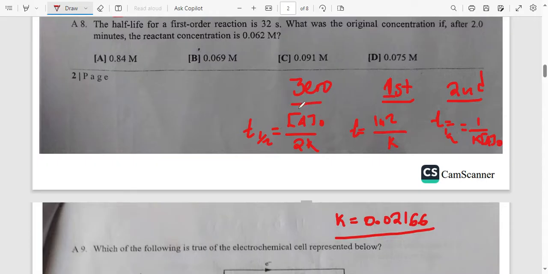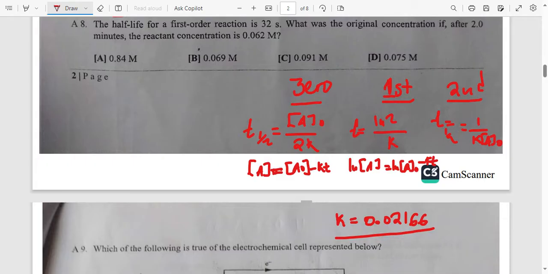Starting with the zero order reaction, its integrated rate law is given by the final concentration is equal to the initial concentration minus kT. For a first order reaction, natural log of the final concentration is equal to the natural log of the initial concentration minus kT.